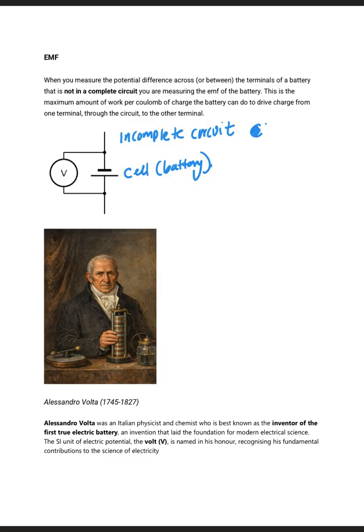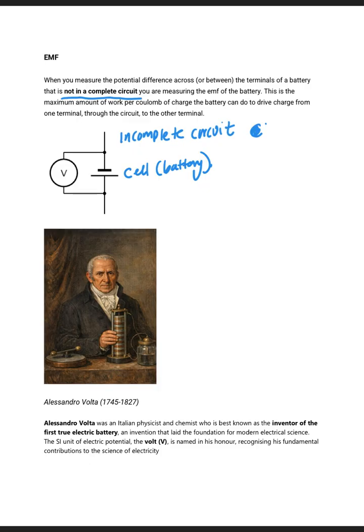Before we talk about that, when you measure the potential difference across or between the terminals of a battery that is not in a complete circuit, like this circuit here, you are measuring the EMF of the battery. This is the maximum amount of work per coulomb of charge the battery can do to drive charge from one terminal through the circuit to the other terminal.